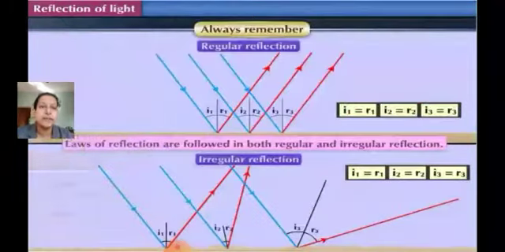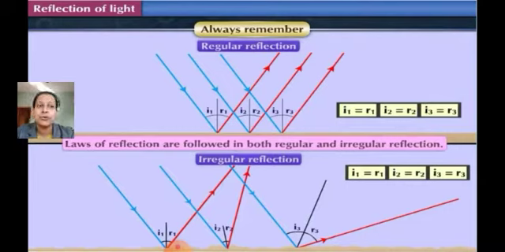So always remember, the laws of reflection are followed in both regular as well as irregular reflection, at a particular point. Here you can see 3 different points. At each of these points, I1 is equal to R1, I2 is equal to R2, and I3 is equal to R3, in both the cases, regular as well as irregular.